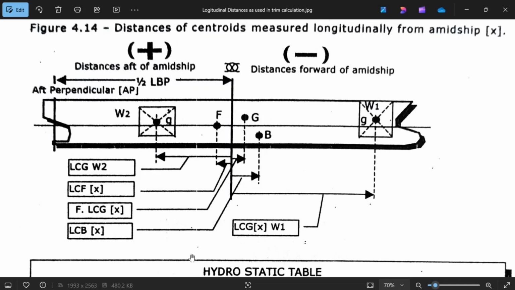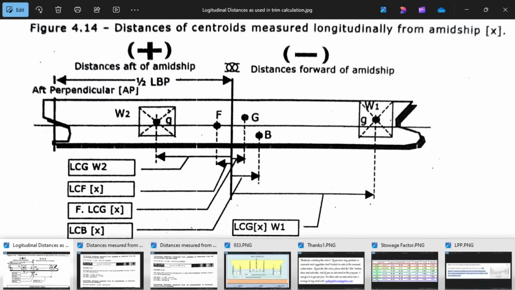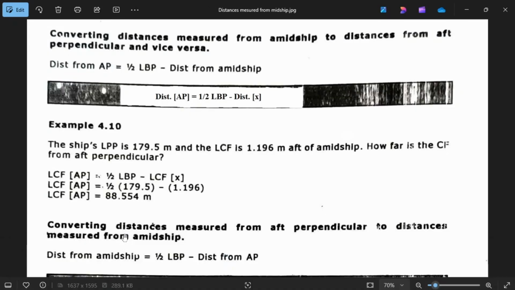That is what the problem means. So it says here, distance from upper perpendicular equals 1/2 LBP minus your distance, or your LCF.